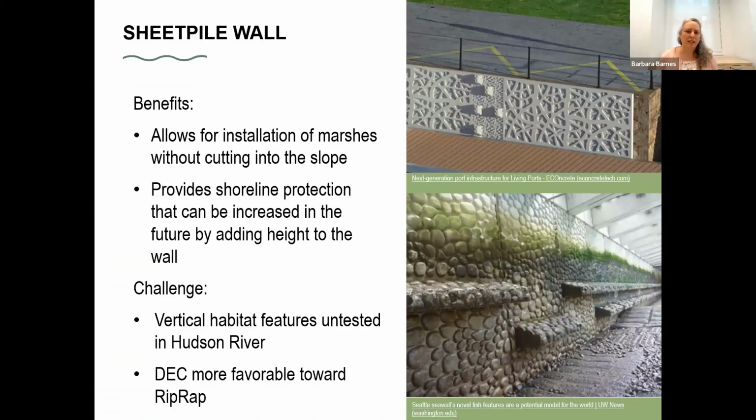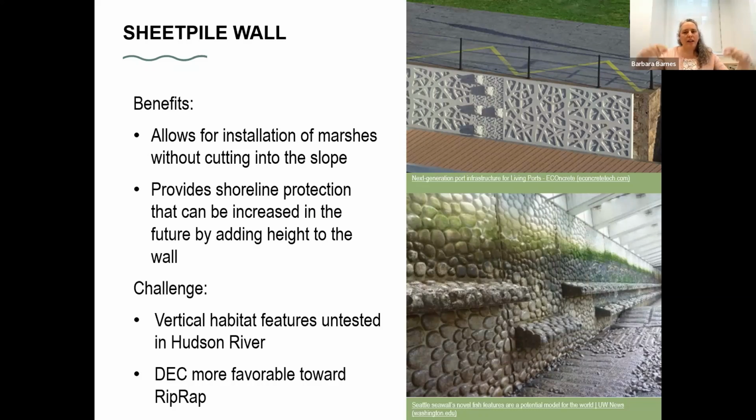The other options would be to either cut into the park, reducing the land area of the park to offset that fill, or increase the slope of the riprap itself. But the sheet pile does offer some opportunities.